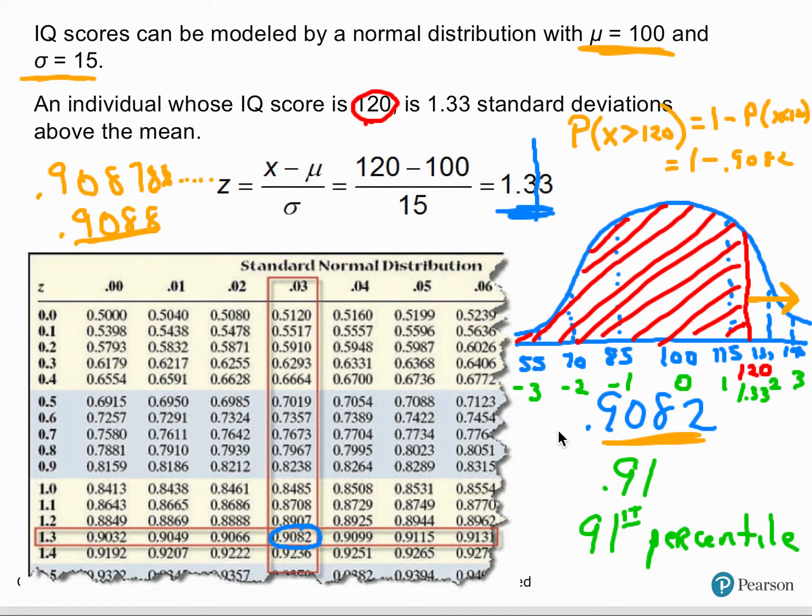The difference is because of the rounding of the z-score; we always round the z-score to 2 decimal places. So anytime you do some rounding, it affects your answer. That's why we try to leave several decimal places. So you may get a slightly different answer depending on whether you're using the table or your calculator. But notice they both round to 0.91.